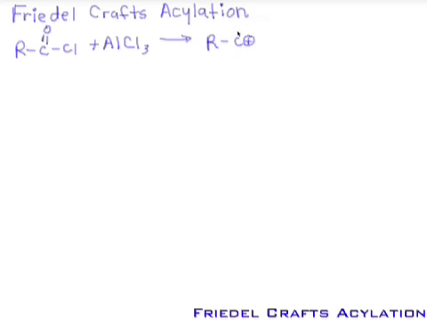Let's put the double bond O down, running out of room. But the acylium ion, unlike normal carbocations, is not susceptible to a shift because it is resonance stabilized. So this is a resonance stabilized acylium ion.